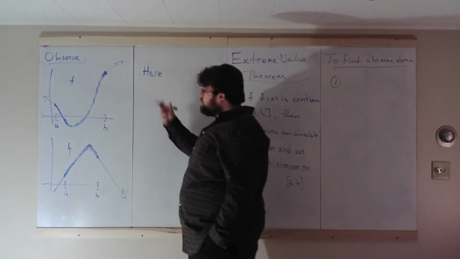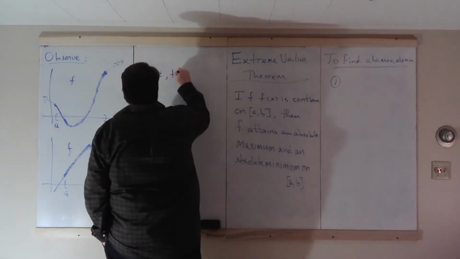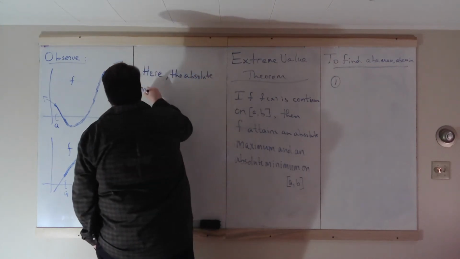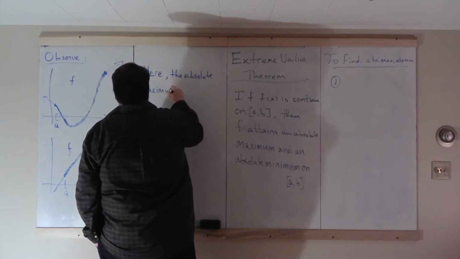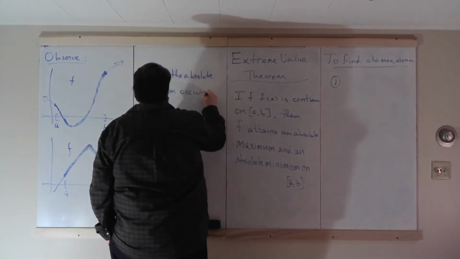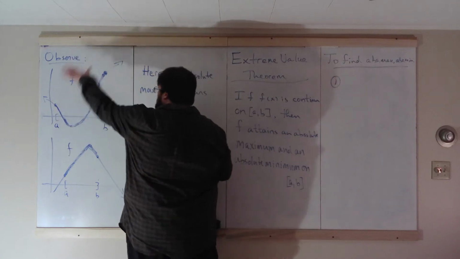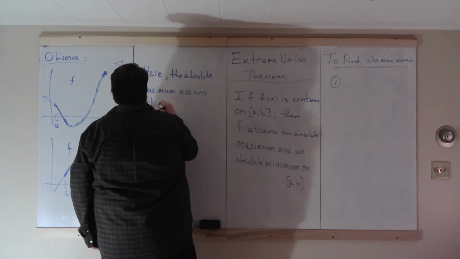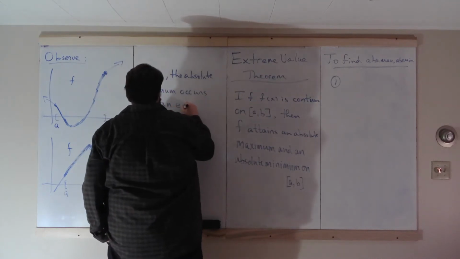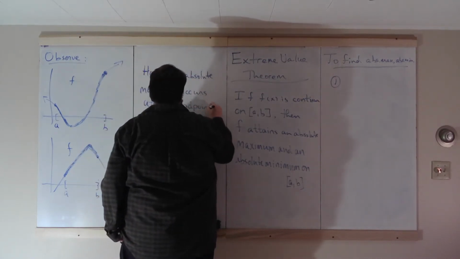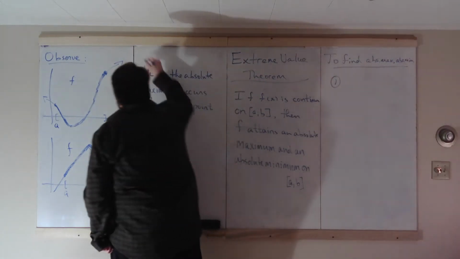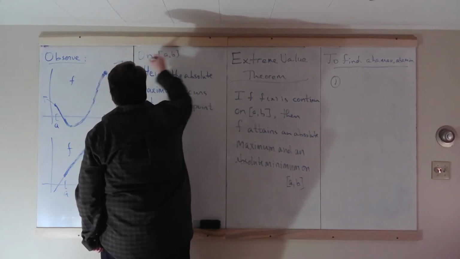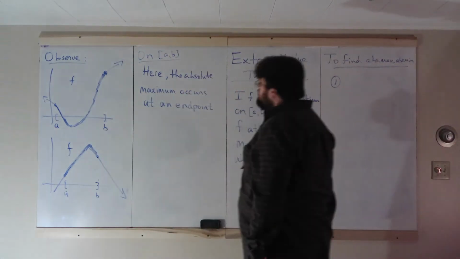Where do the absolute maximum and absolute minimum occur? In this first graph, the absolute maximum occurs where? The highest point is at b, at an endpoint. So we're looking on a to b.